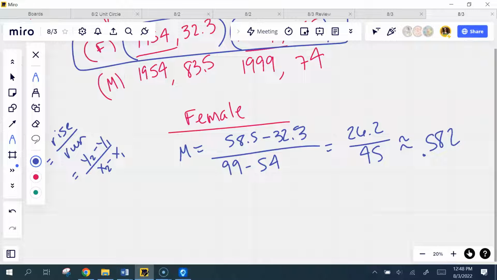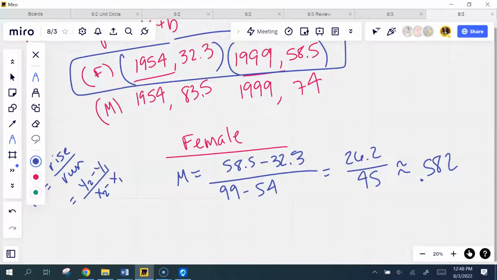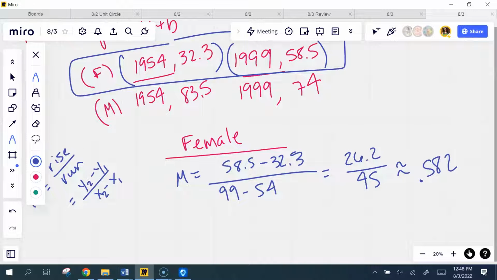That's fine, because that's what I showed you yesterday. It should be close. Yeah, you're close. That's fine. Now to write the equation of a line, I'm going to use point slope form, right? I've got a point. You can choose either one of those two that you want to, and the slope.